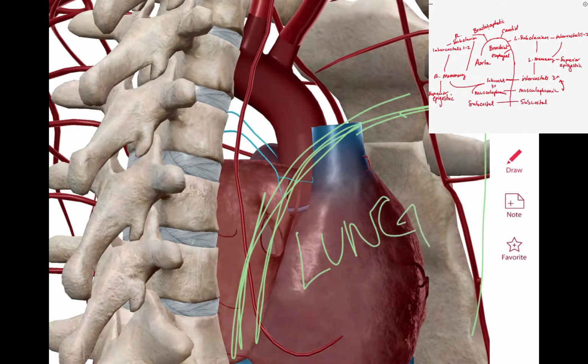And these would be the arteries that are giving the lung tissue the blood that it needs, not to oxygenate, that it's getting from the pulmonary artery, but the blood that its cells need to get the necessary nutrients to stay alive. So these are called the bronchial arteries.